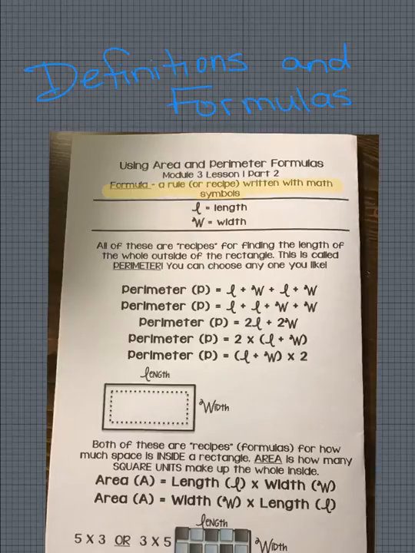So let's pretend, you don't have to write this, that this length is 6, and this width is 4. If I was using this formula right here, 2L, well, what's 2 times 6? Because I would have 6 here and 6 here. 2 times 6 is 12. Plus, it says 2L plus 2W.